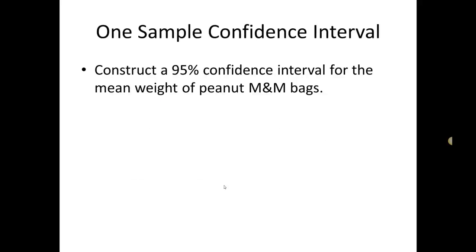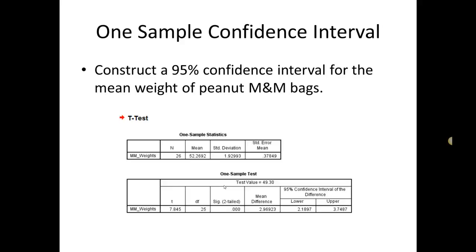Now let's talk about doing a confidence interval. We're going to construct a 95% confidence interval for the mean weight of peanut M&M bags. You might be tempted to go back to the t-test results that we just had, because you probably noticed that there's a confidence interval given to you right there on that output.